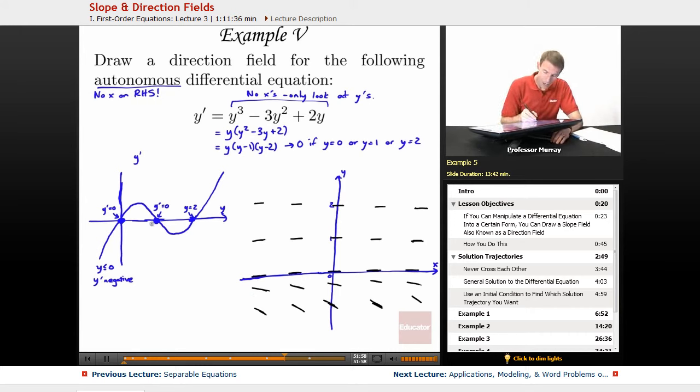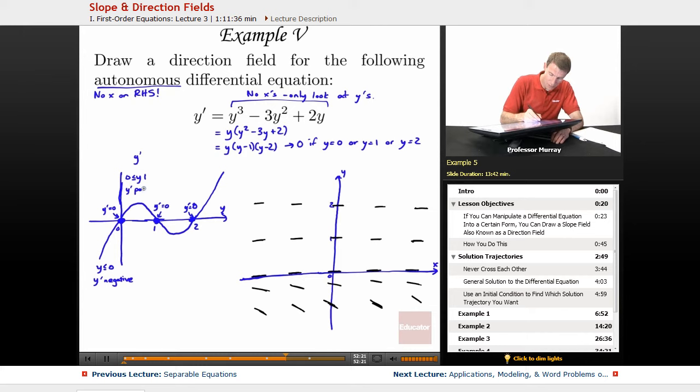When y is between 0, 1, 2, y prime was equal to 0 at y equal to 2. Now, when y is between 0 and 1, what I see here is that my y prime is positive.